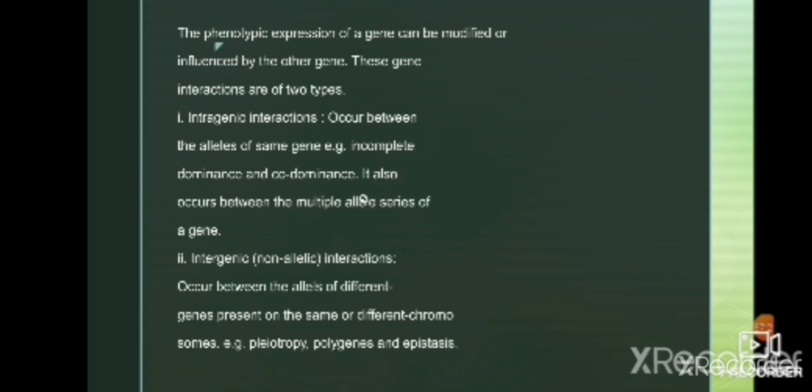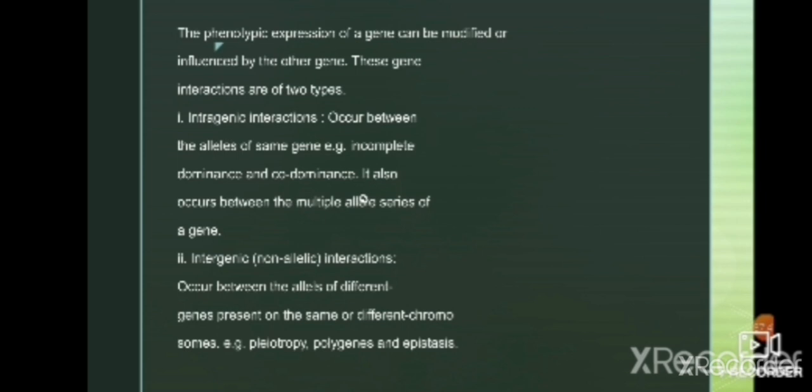The phenotypic expression of a gene can be modified or influenced by another gene. These gene interactions are of two types. One is intragenic interactions, which occur between the alleles of the same gene, for example incomplete dominance and codominance.